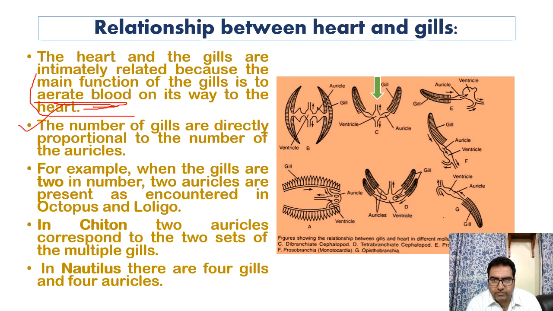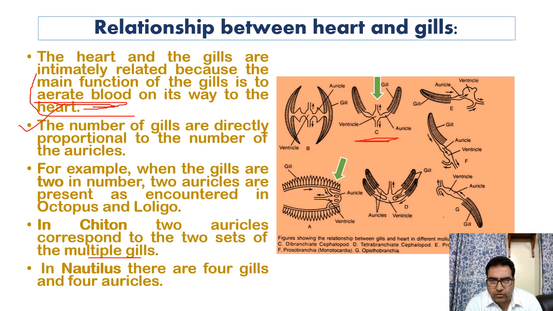In the case of chiton, two auricles correspond to the two sets of the multiple gills.